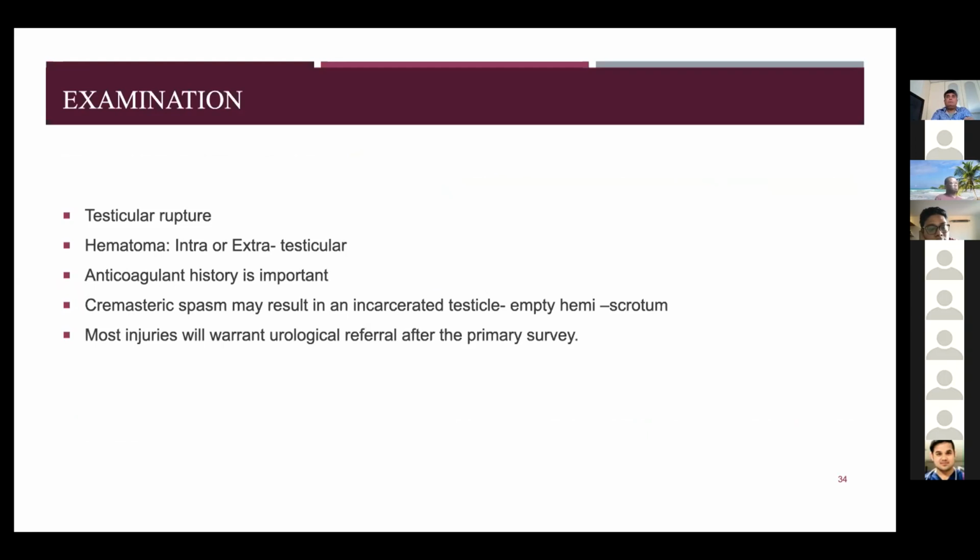With trauma, there might be cremasteric spasm, which may result in an incarcerated testicle, which is one of the urological emergencies as well, and is usually seen as an empty hemiscrotum. Most testicular injuries will warrant a urological referral after the primary survey.